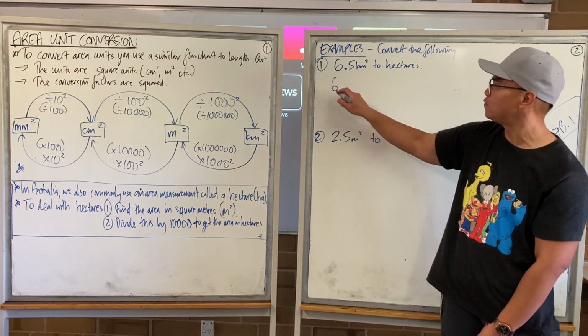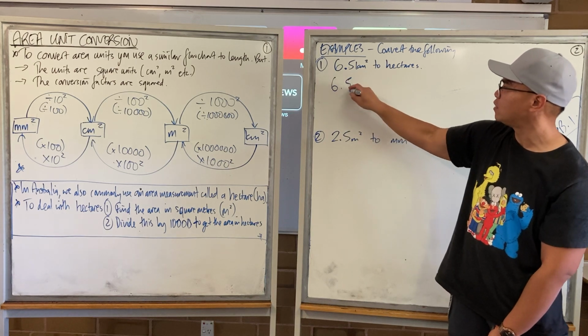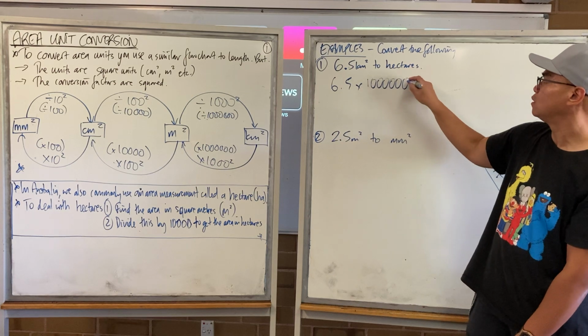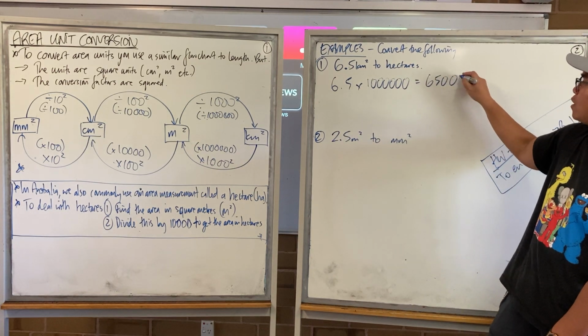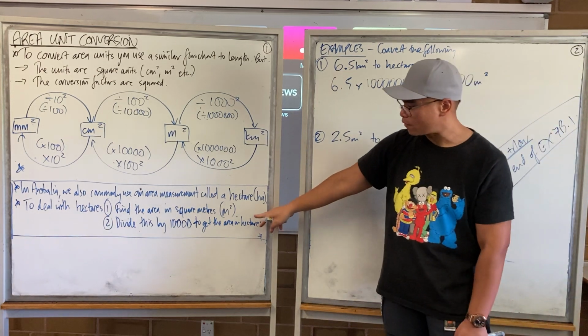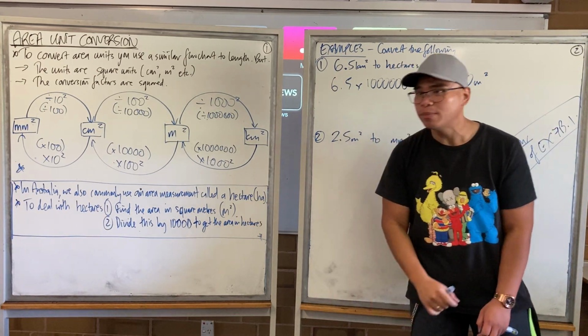So 6.5 times by 1,000,000 equals 6,500,000 square meters. And then you've got this rule. If I want it in hectares, I divide by 10,000.